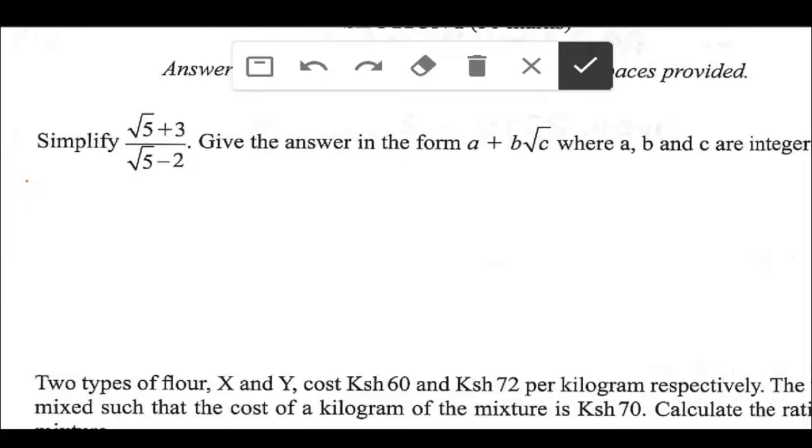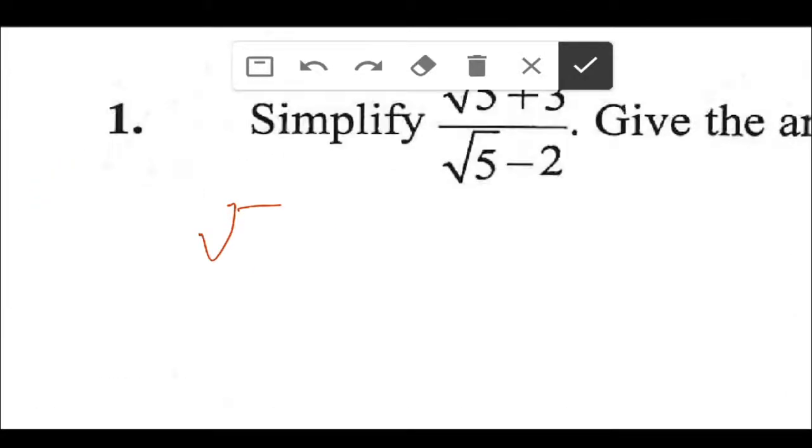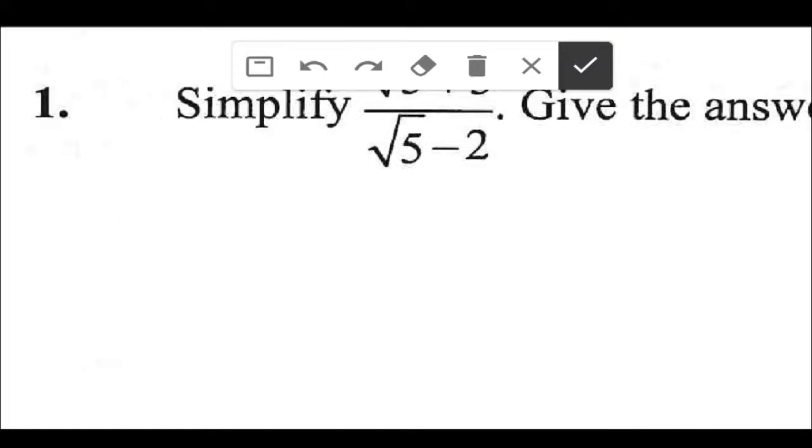The denominator is root 5 minus 2, so we shall have to multiply the numerator and the denominator by root 5 plus 2. So we shall have root 5 plus 3 over root 5 minus 2.